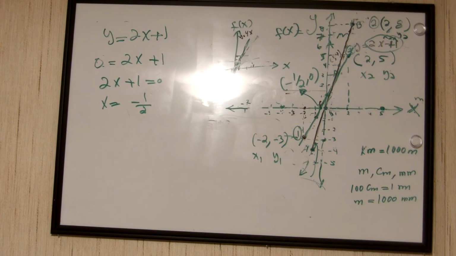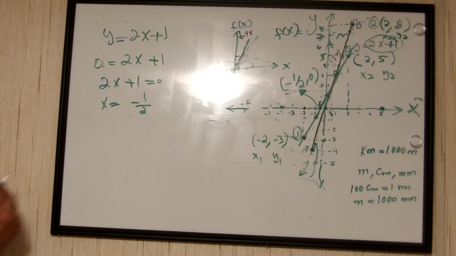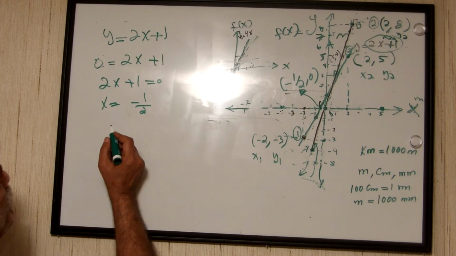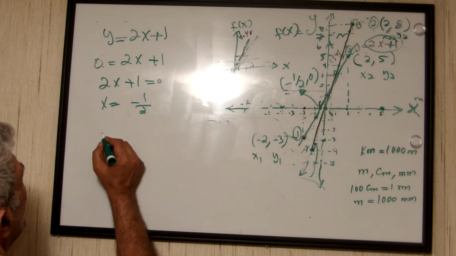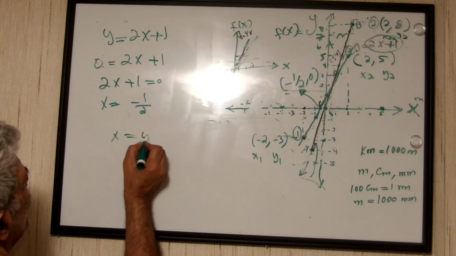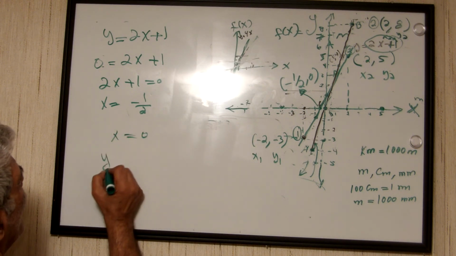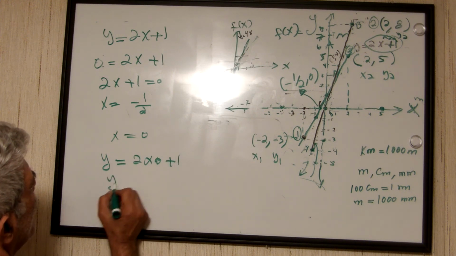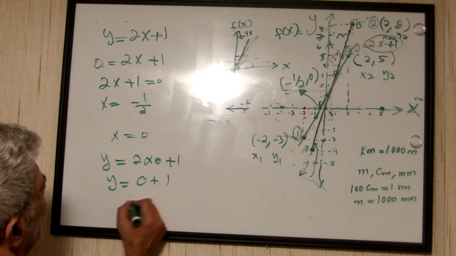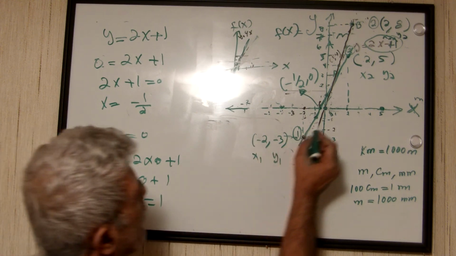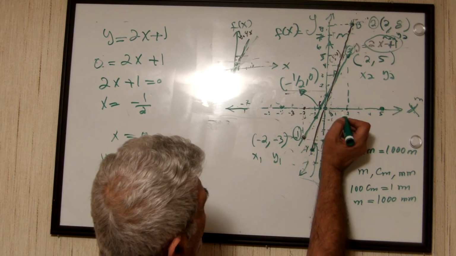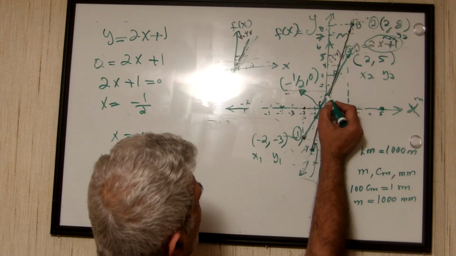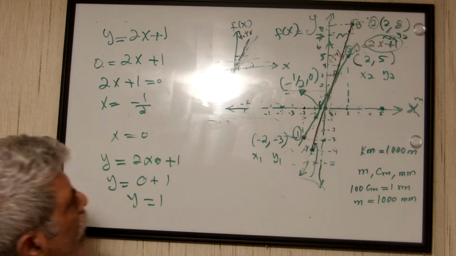So we find that with this equation. Before we talk about anything else, if x is equal to 0, what is going to be y? Y is going to be 2 times 0 plus 1. Y is equal to 0 plus 1. Y is equal to 1. Actually, if you put x equal to 0, you find where it intercepts the y-axis.